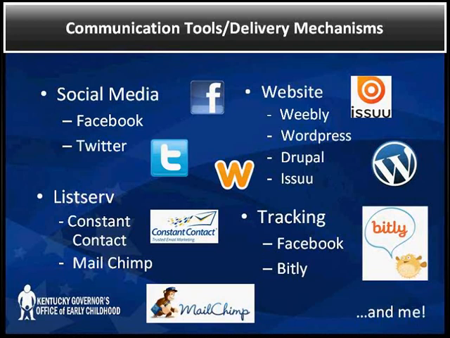And I've also seen CECCs working with Weebly for their websites. There's also WordPress, Drupal. Issuu is for newsletters. If you have a newsletter that you would like to turn into an electronic copy, you can upload it to Issuu and share from there. Listservs, like Constant Contact, which you receive a lot of messages from us from, and then also MailChimp.